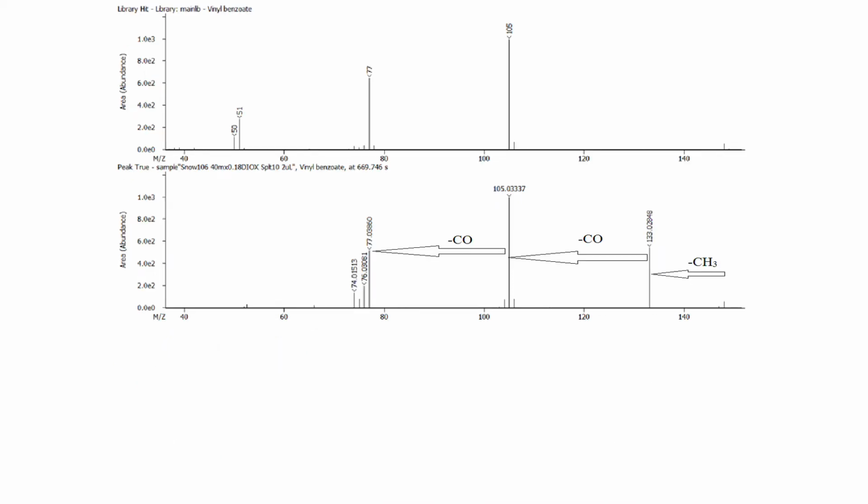Since we know elemental compositions of all those peaks due to accurate mass measurements, we can understand that the molecular ions of those compounds eliminate a methyl group and then consecutively 2 CO molecules. And knowing the rules of fragmentation, it was not difficult to propose the following structure of acetyl benzaldehyde.